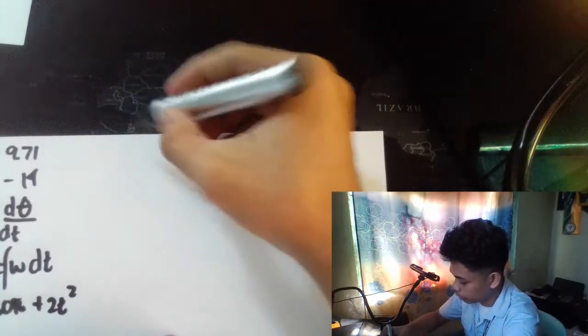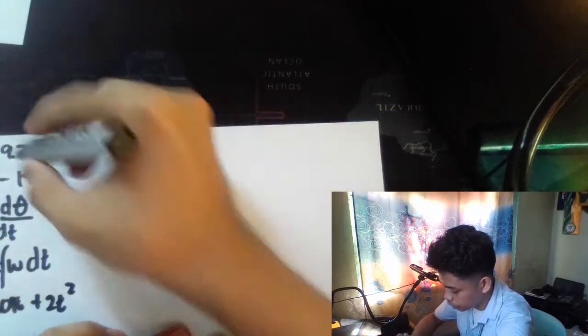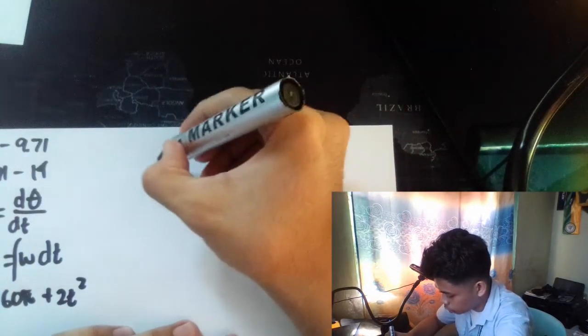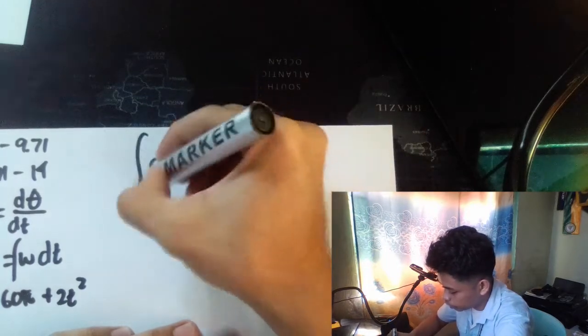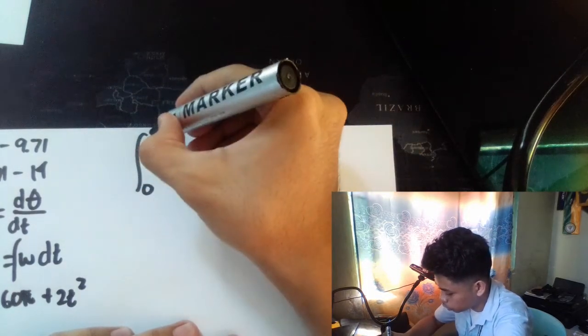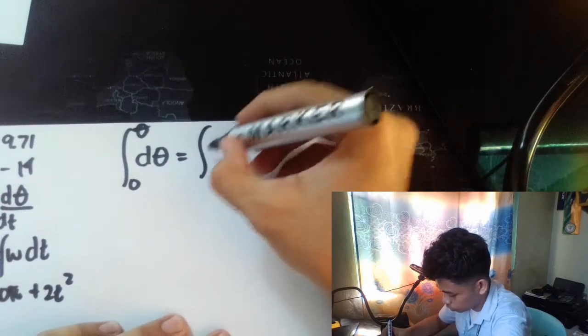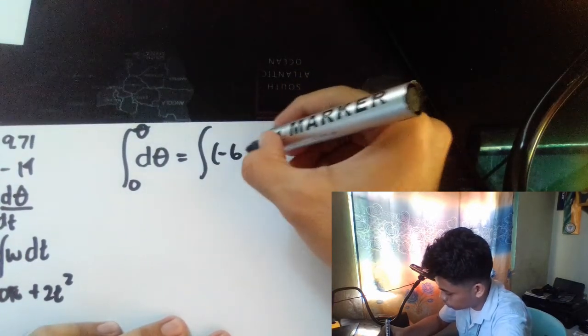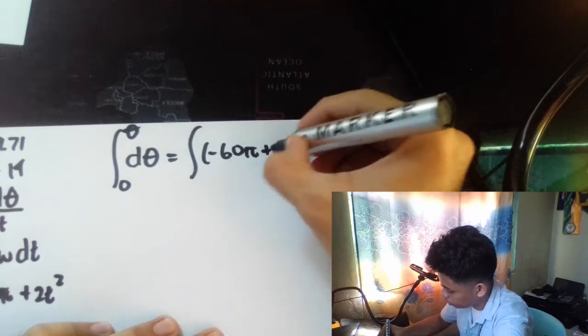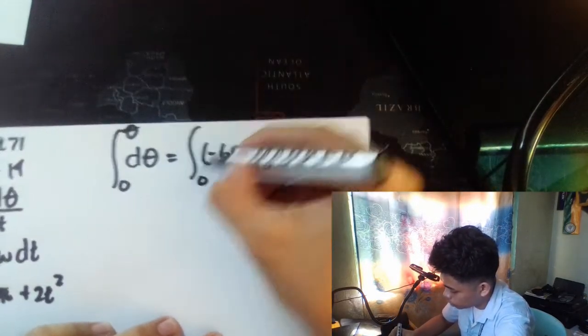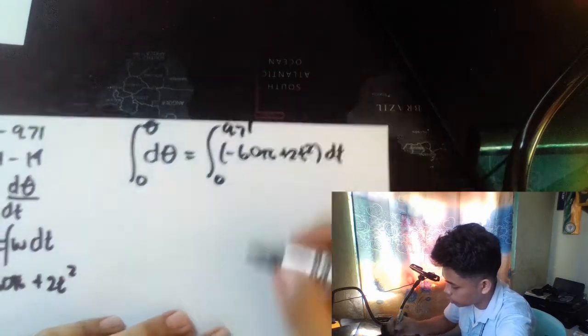For the first integration, from 0 to 9.71 seconds, we find the number of revolutions. dθ equals negative 60π plus 2t squared dt from 0 to 9.71 seconds.